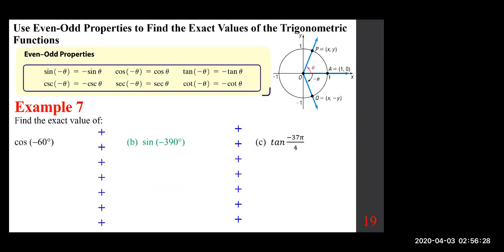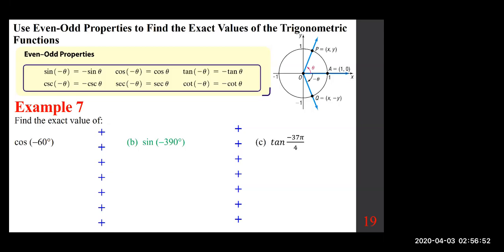There's something called using even and odd properties to find the exact values of trigs. Anytime you have trigonometric functions of a negative arc or angle, you must get rid of that and make the angle positive. However, you have to realize what's the result.